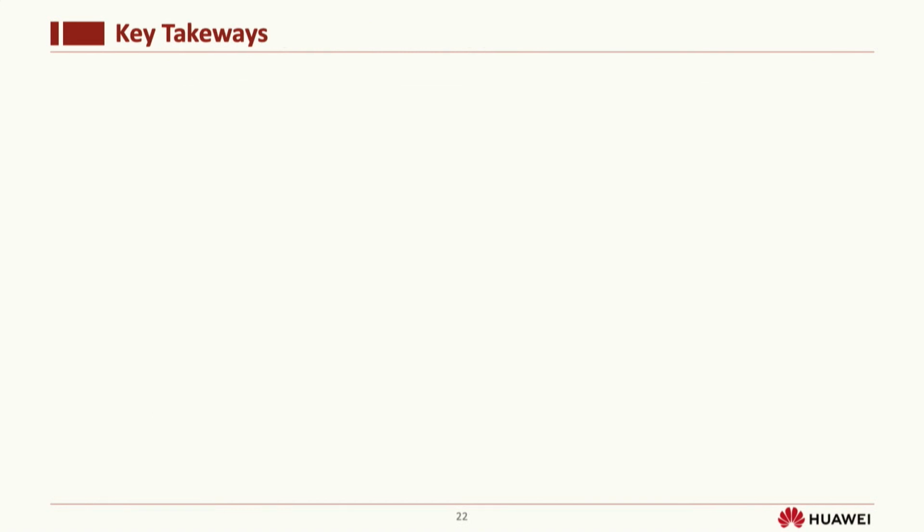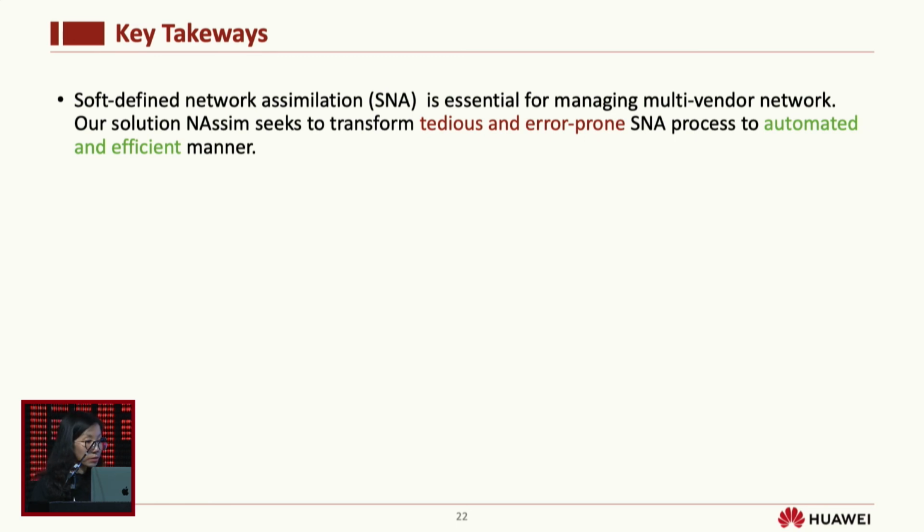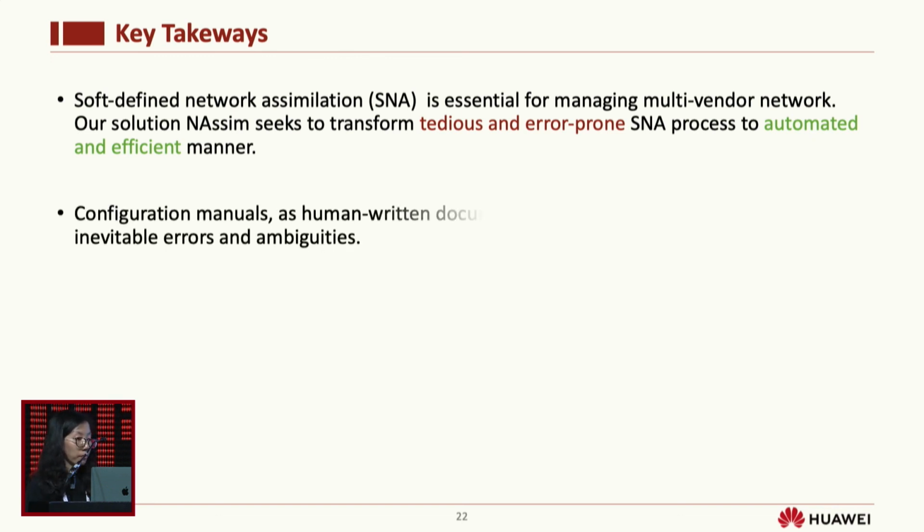And to conclude, we list a few key takeaways. Firstly, software-defined network assimilation is essential for managing multi-vendor networks. Our solution, NAssim, seeks to transform the tedious and error-prone SNA process into an automatic and efficient manner.